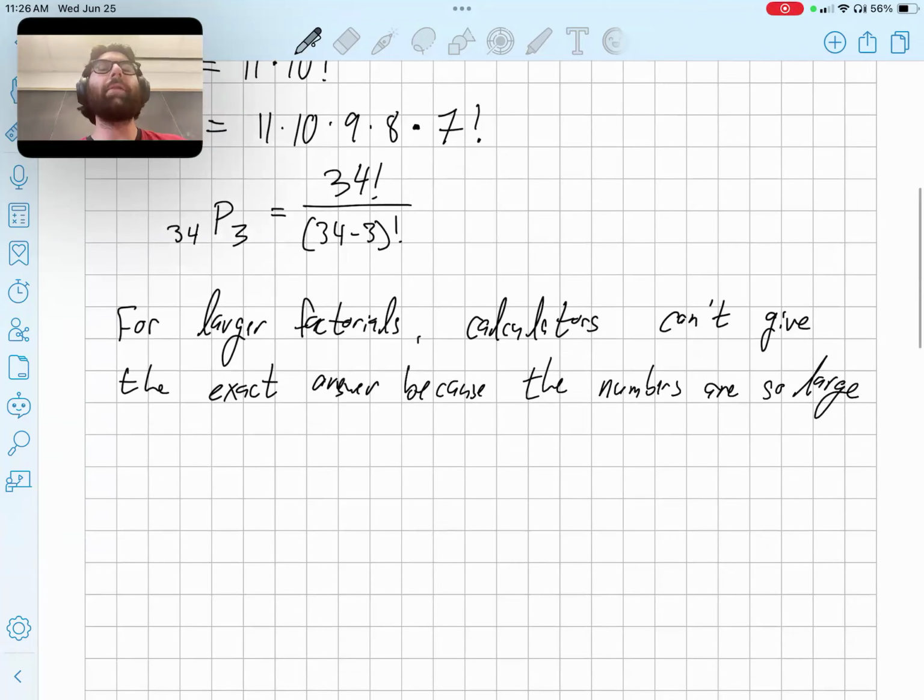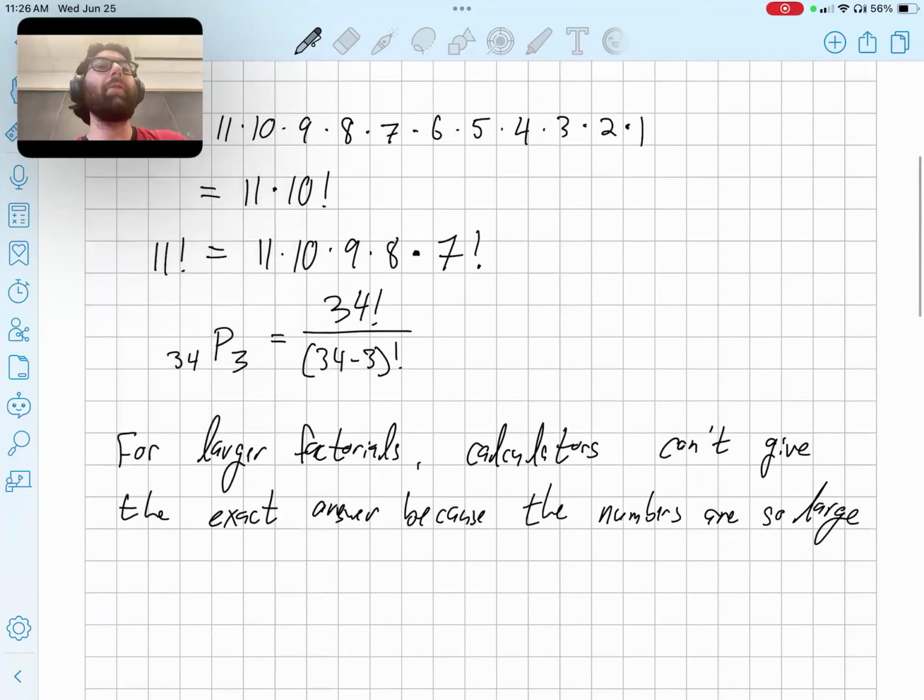And so to remedy this, we don't want to work with the full factorials. We want to use this property to be a little cleverer about it. And so what we can do is, well, 34 minus 3 is 31. So this is 34 factorial divided by 31 factorial. And now we can expand and cancel. We know that there's a 31 factorial hiding inside this 34 factorial, right?